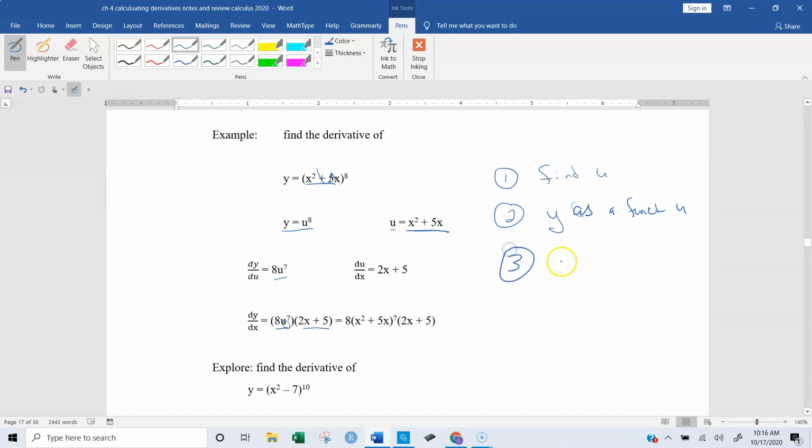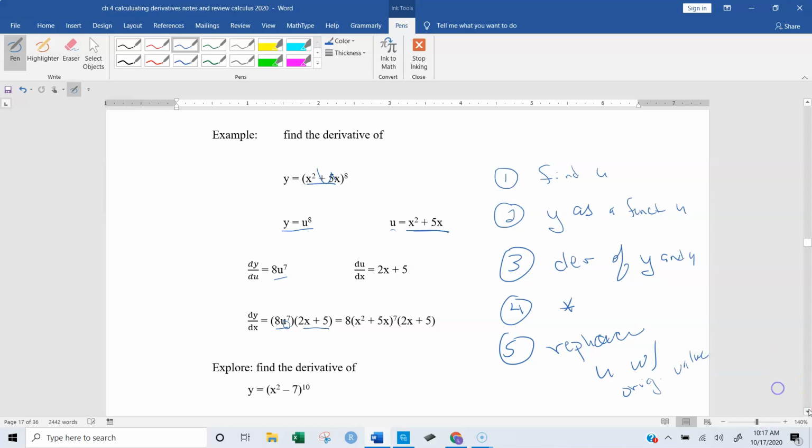Step 3, you find the derivatives of both, of y and u. Step 4, you multiply them. Step 5, you replace u with the original value. Okay, I hope that helps.